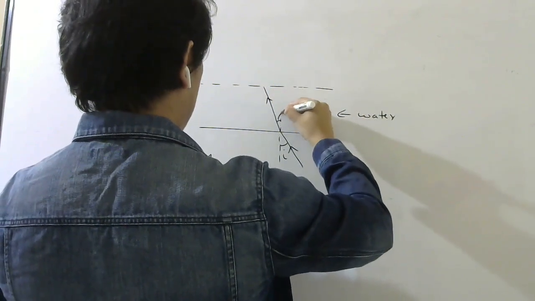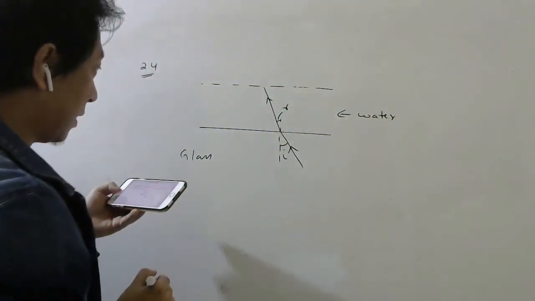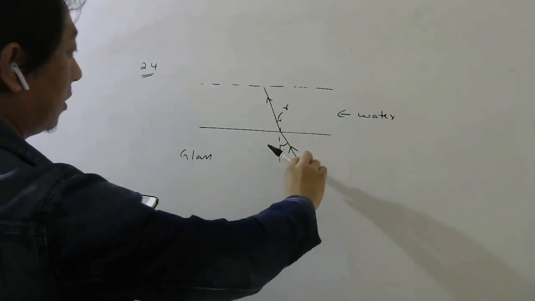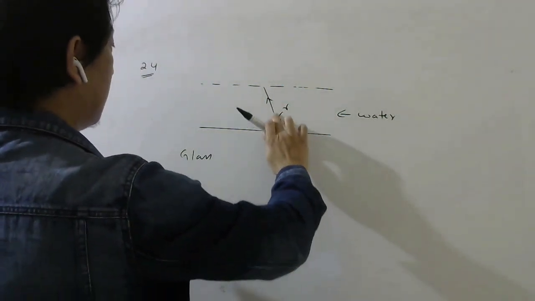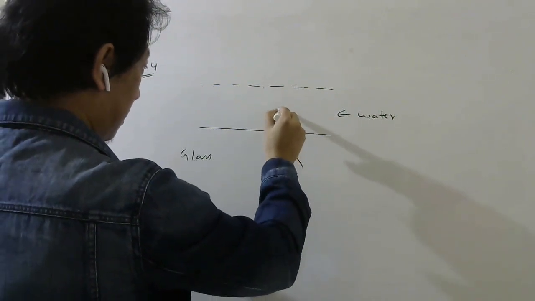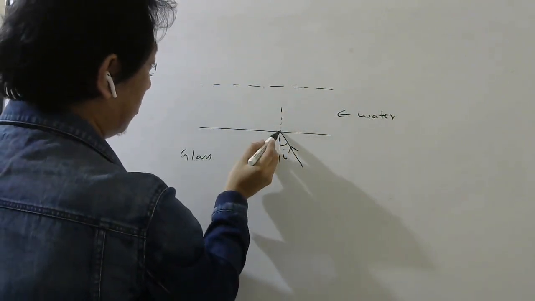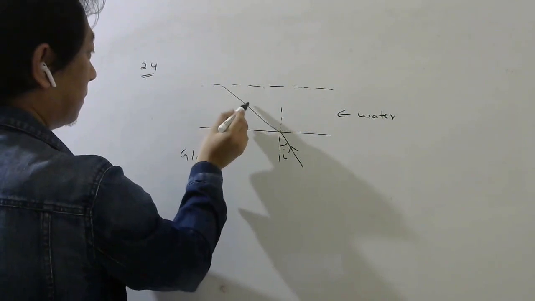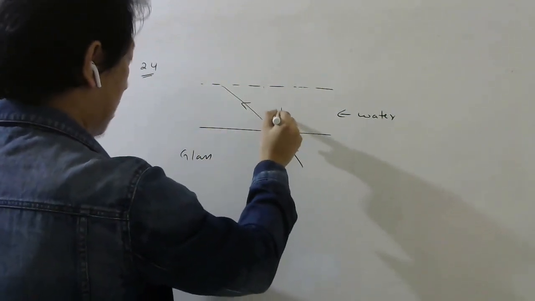So this is your r. Right? Sorry, denser to rarer should bend away from the normal. Rarer to denser is towards, denser to rarer is away. So this is your r.